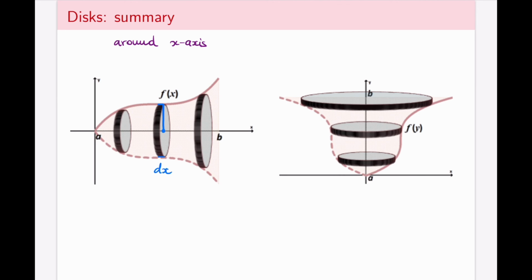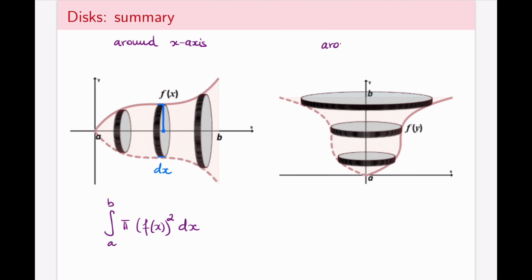So when we rotate using disks around the x-axis, we end up with the integral in terms of x. So what I'm going to have is pi, my function in terms of x squared dx. Okay, and in terms of where it goes to and from, take a look at the smallest possible x value and the largest possible x value. So in this case, they're called a and b.